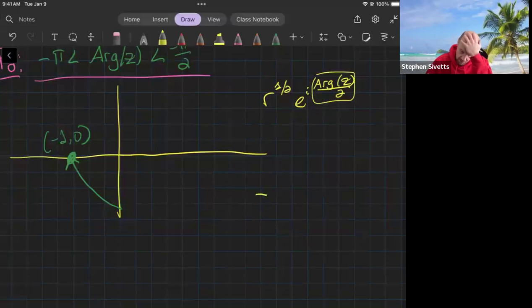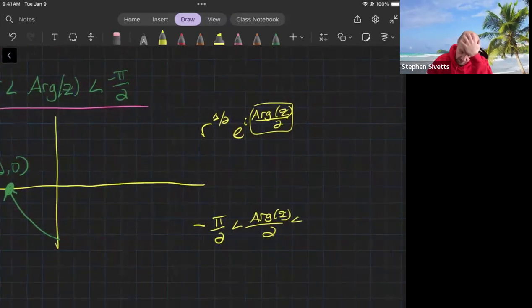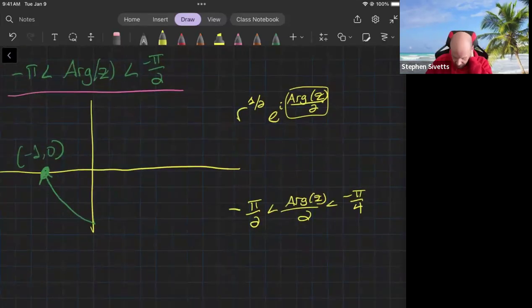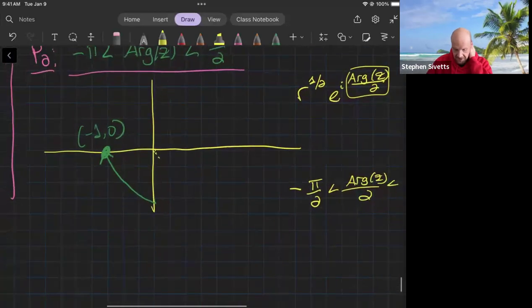So minus pi over 2 is less than, so minus pi over 4, right? So yeah, that would constitute the argument of z over 2.